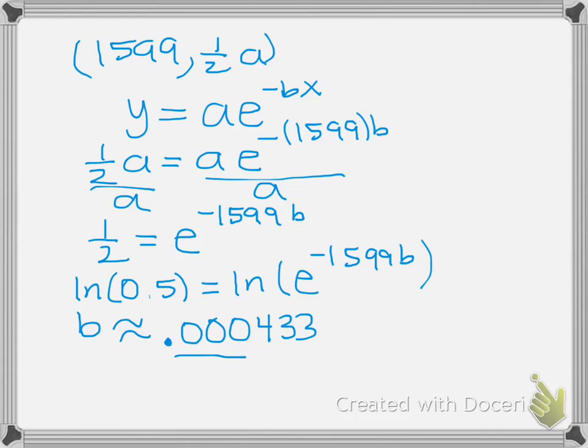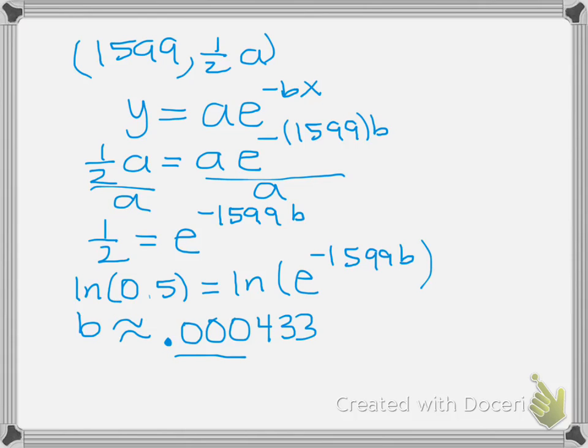Because I had those 3 zeros in front, I extended it out 3 more digits to get a more accurate approximation. You could have rounded it off to 0.00043. I wouldn't just round it off to 0.0004 because you want a pretty good estimation. So that's what you should have for B.